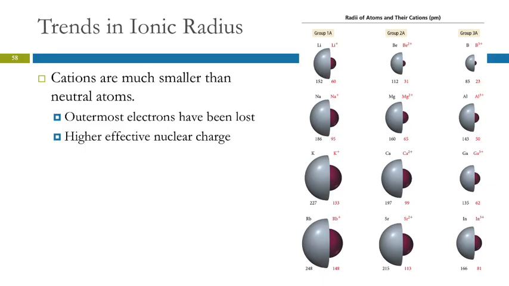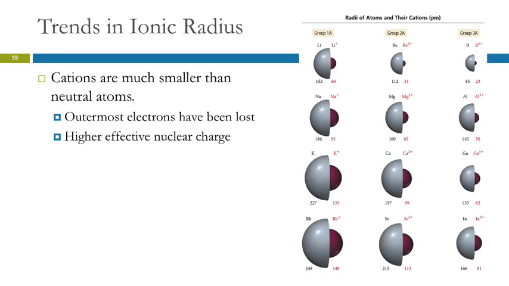Continuing to talk about ions, how do they compare in size? Well, cations are much smaller than neutral atoms because when you form a cation, generally you've lost all the valence electrons. You took the entire outer layer off.